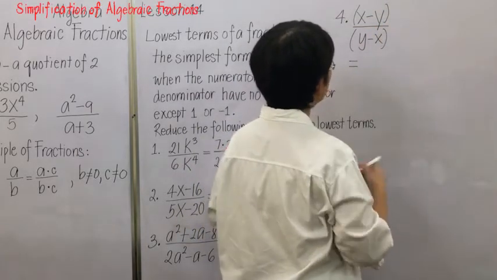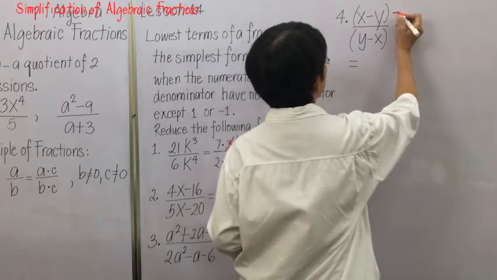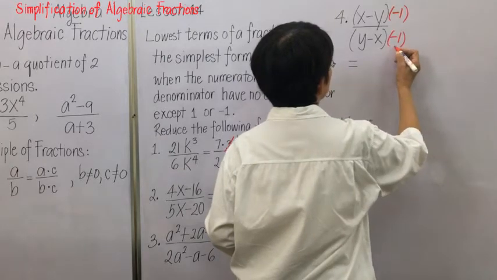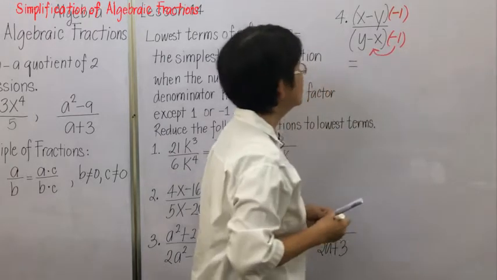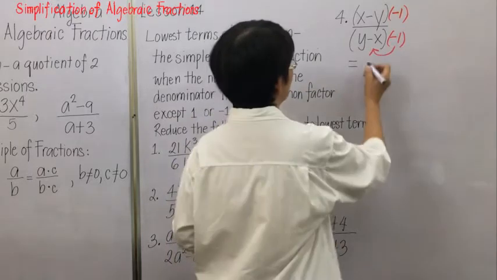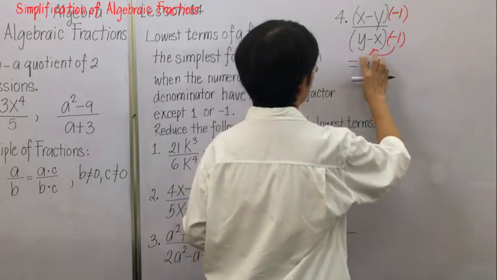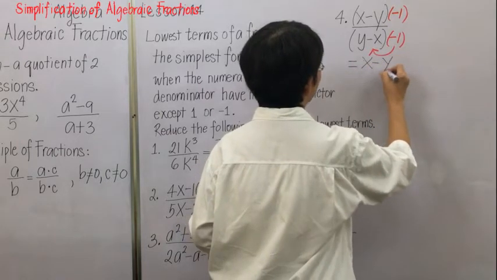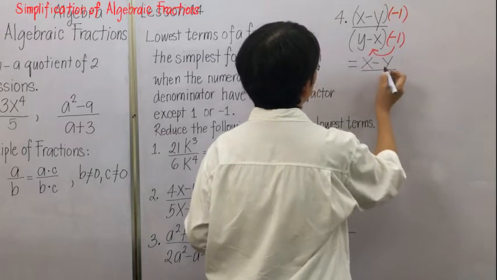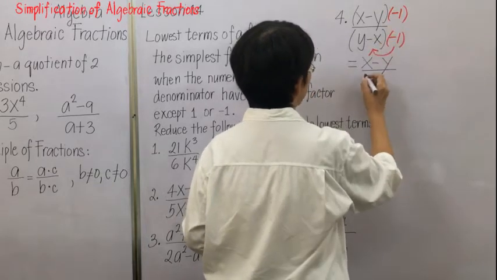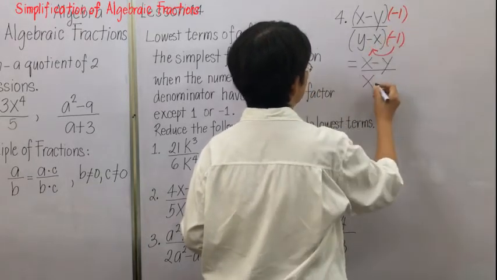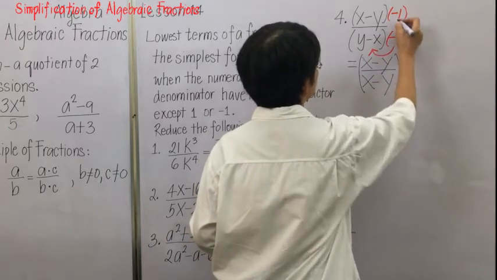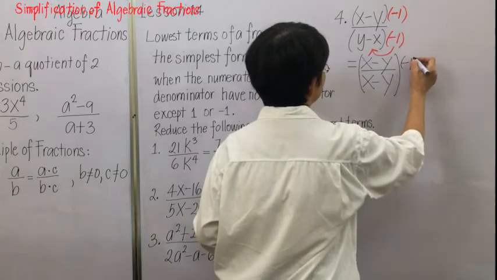So if we multiply both numerator and denominator by -1 and multiply this inside, we'll have x minus y over, this becomes positive x and this becomes negative y, and -1 stays.